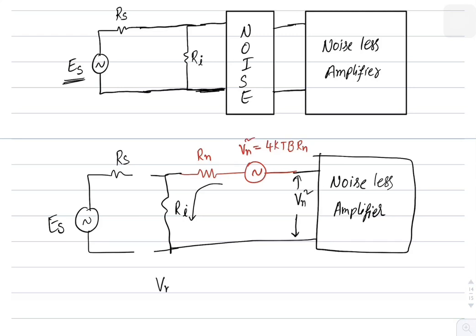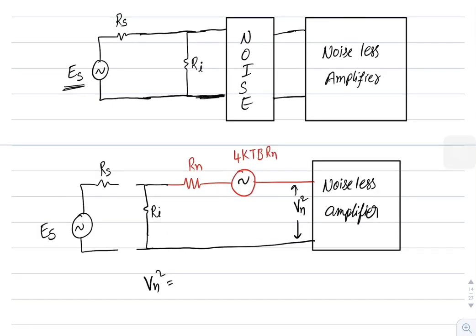Now here I can write Vn square equal to, in the previous case it is 4kTBRn, but in this case the Rn has to be replaced with Rn plus Ri, because this current will flow in both the resistances.